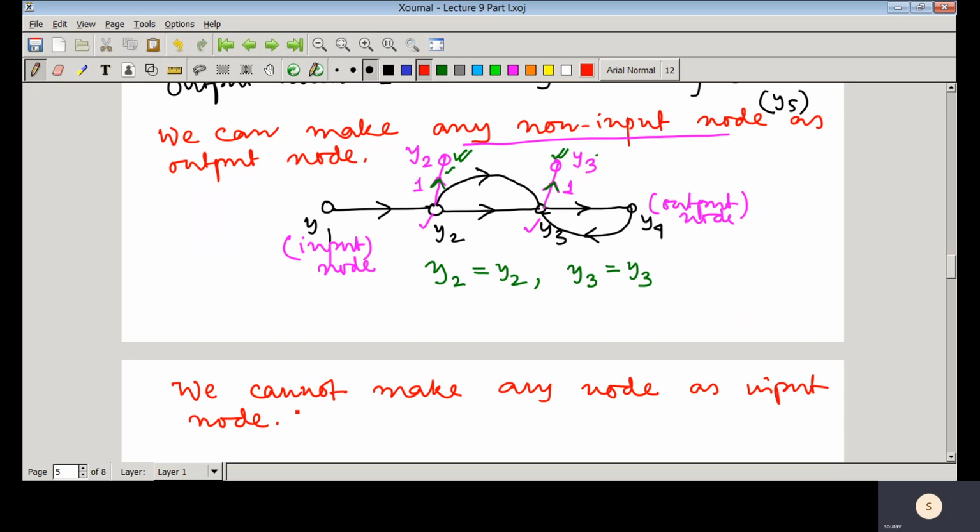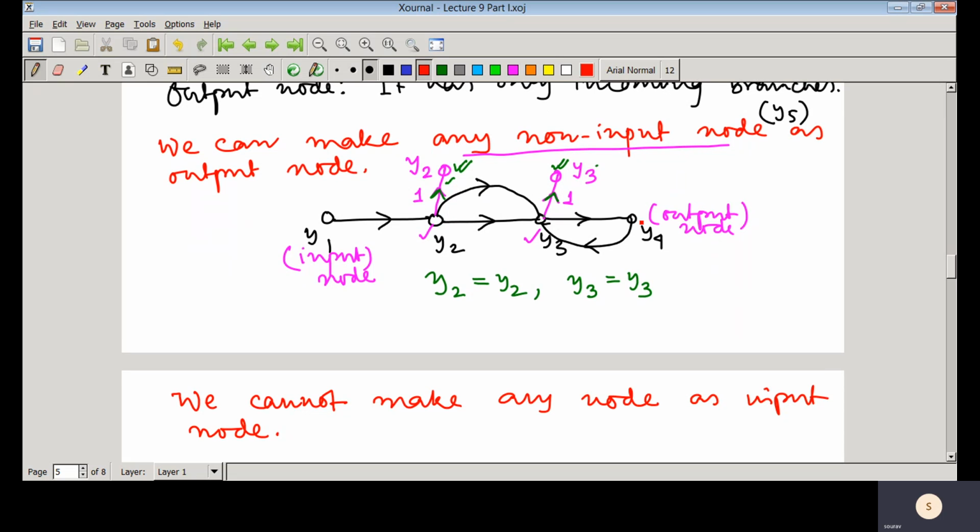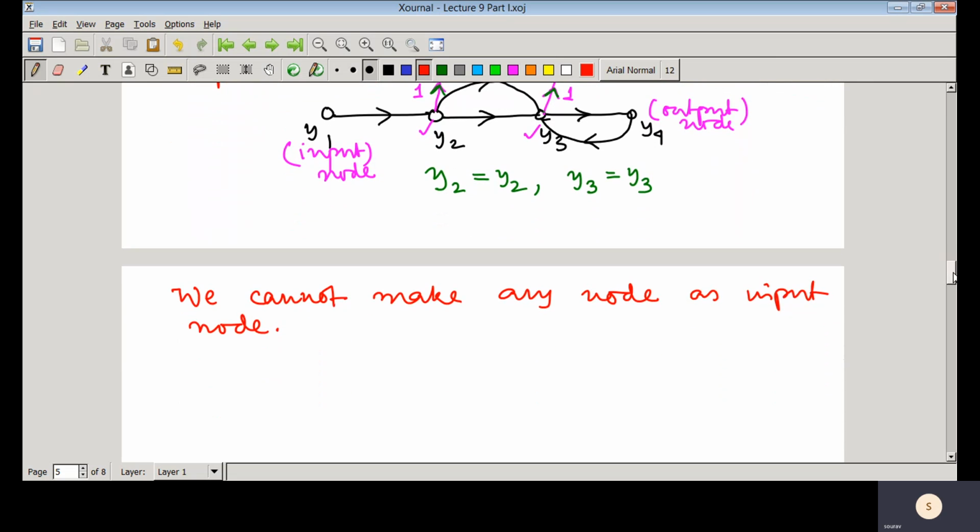This is very interesting and important in signal flow graph. Here we have seen that any non-input node can be made as output node, but we'll see that we cannot do the same thing in case of input node. Let us see. So first we take one example.